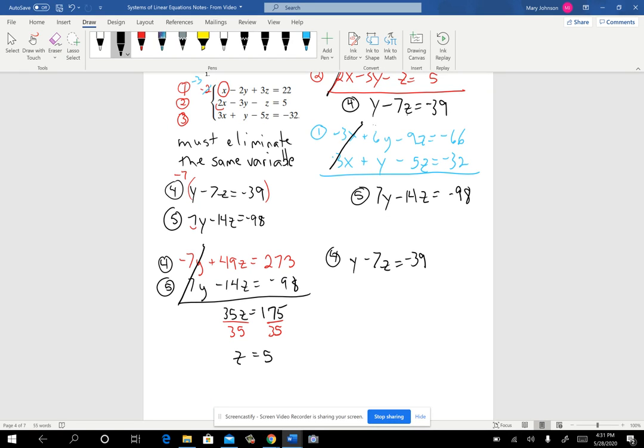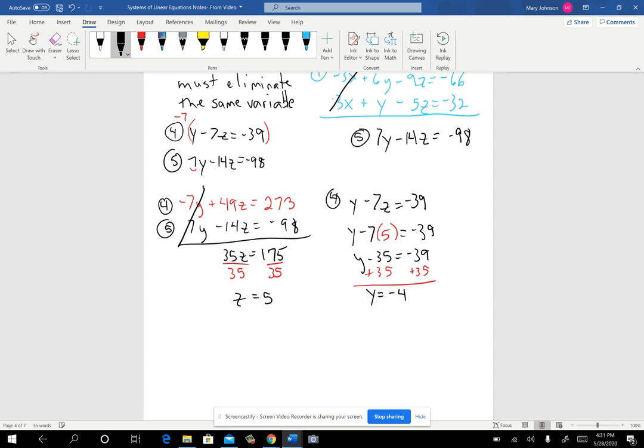Where z is, I'm going to put 5, and so I wind up with y minus 35 equaling negative 39. When you add 35 to both sides, you get that y equals negative 4.